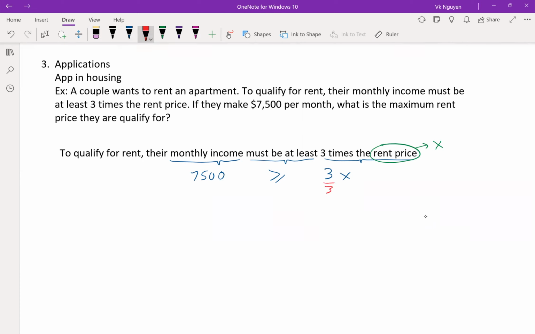Divide both sides by 3, and we have 2,500 greater than or equal to X, or X less than or equal to 2,500. This notation is better. What this means is that the maximum rent price they can qualify for is 2,500.